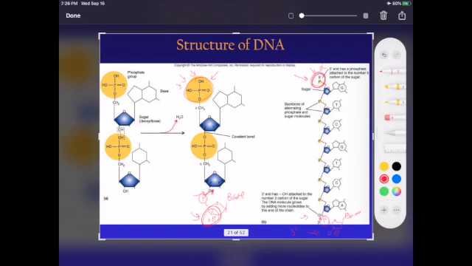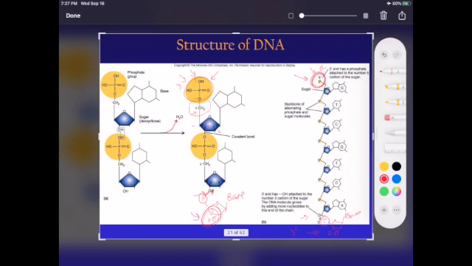And the answer to that is, look over in the middle here. Can you see this tiny little number 1 right there in the middle? I'm looking over here, folks. This is the first carbon. This is carbon number 1 on the sugar. This is carbon number 2, carbon number 3, carbon number 4. This is carbon number 5.